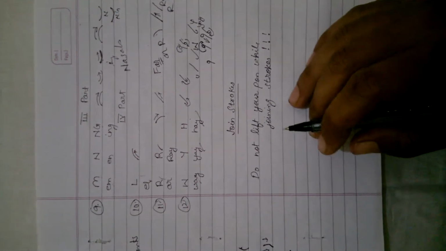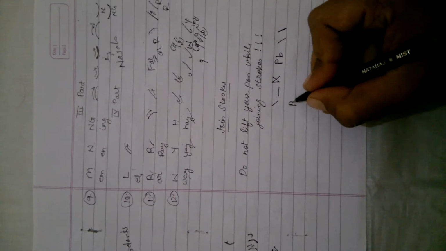Now we'll know how to join these consonant strokes. The most important point to join these strokes is do not lift your pen while joining strokes. If we raise our pen, the joining of strokes will be wrong. For example, we take the PB strokes.